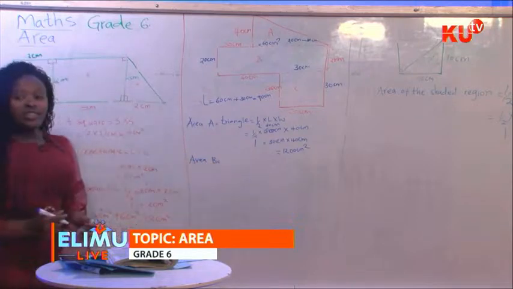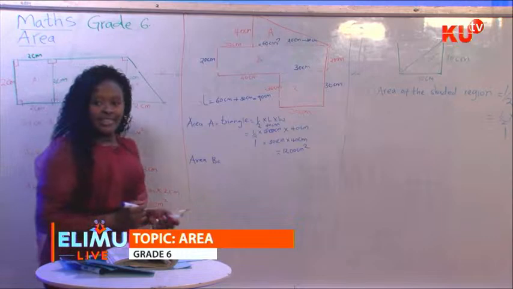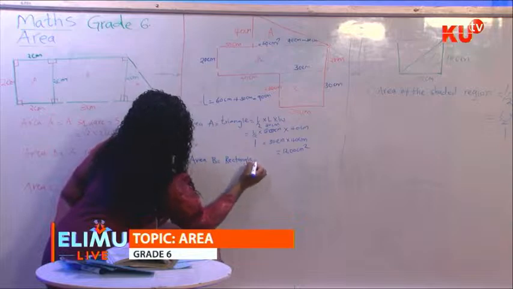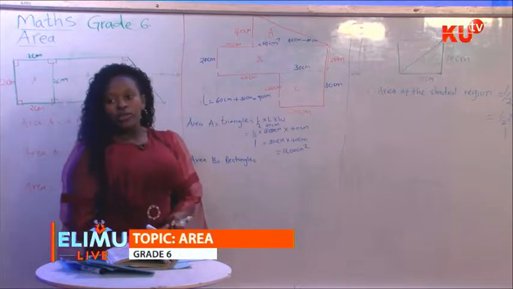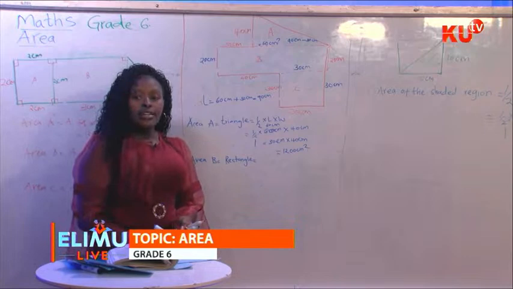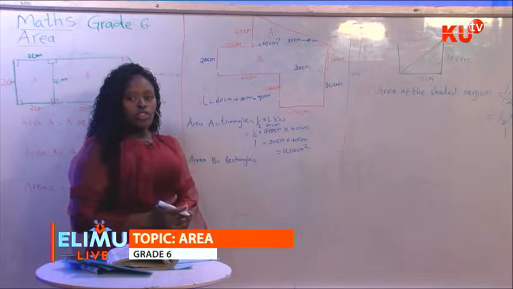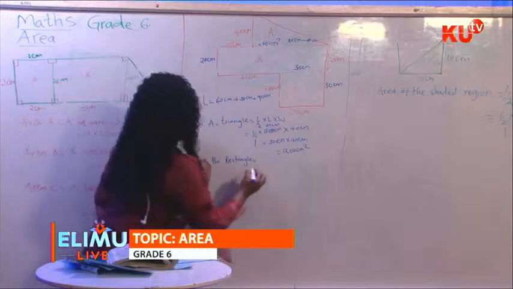So the next area that we are going to find is area B, which is equal to a rectangle. We know that the area of a rectangle is equal to length multiplied by width.